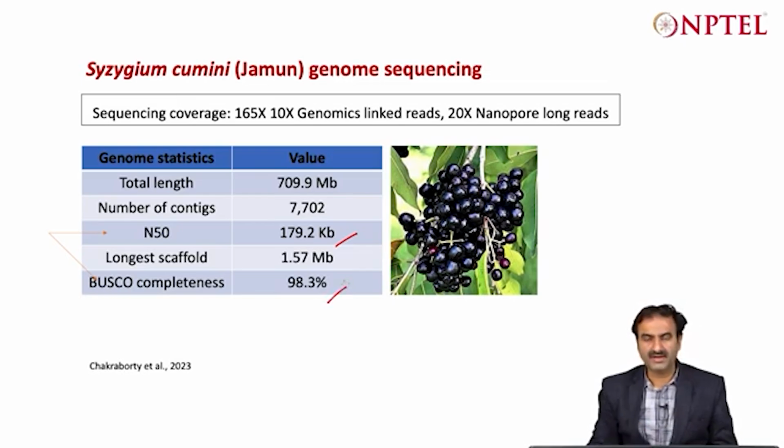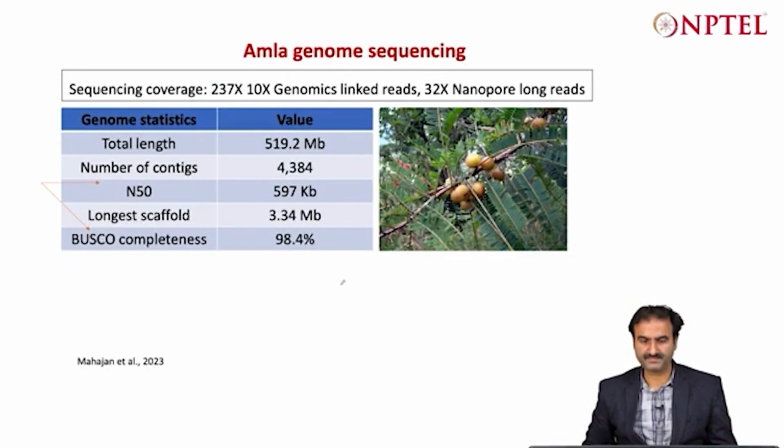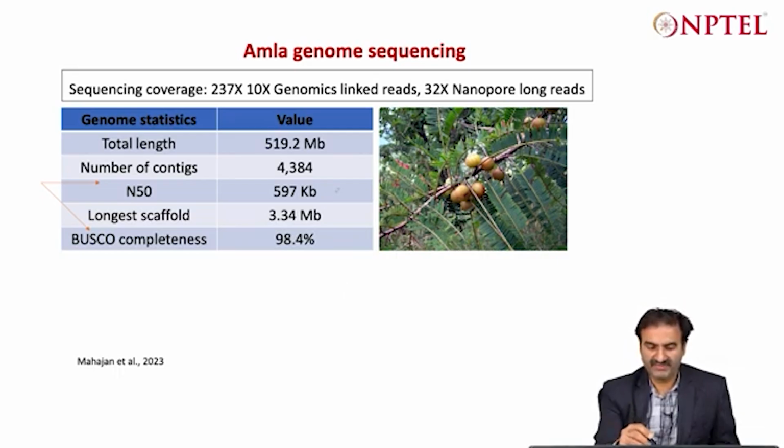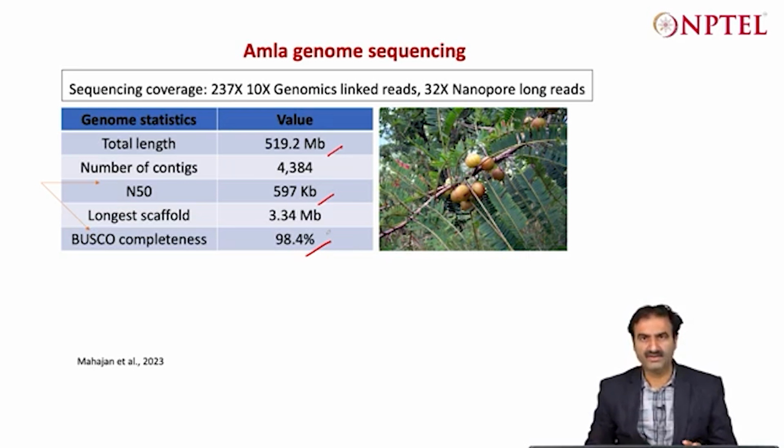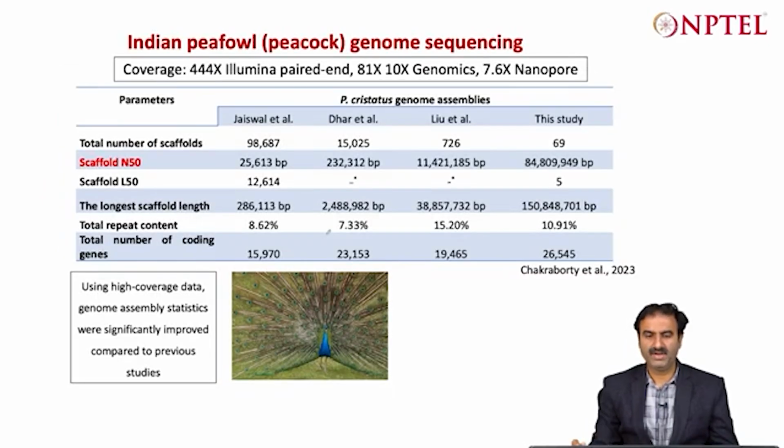That means at least gene wise they could find most of the genes in this genome. In amla also the N50 was 597 KB for a 500 MB genome, and the BUSCO was 98%, which also tells that BUSCO wise and N50 wise the genome was fine, and this is a reliable and reportable level of genome assembly.